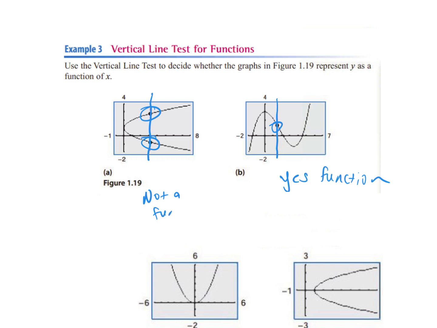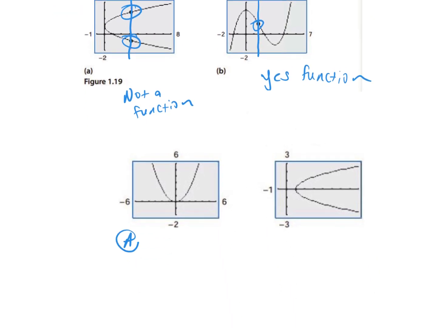So what does this mean algebraically? All right, you guys can look at this. Let's call this A. Let's call this B. Is A a function? Draw a vertical line. How many times does it touch? Once, so yes. Is B a function? No, because it touches twice, right? But what does that mean algebraically? Well, think about this.